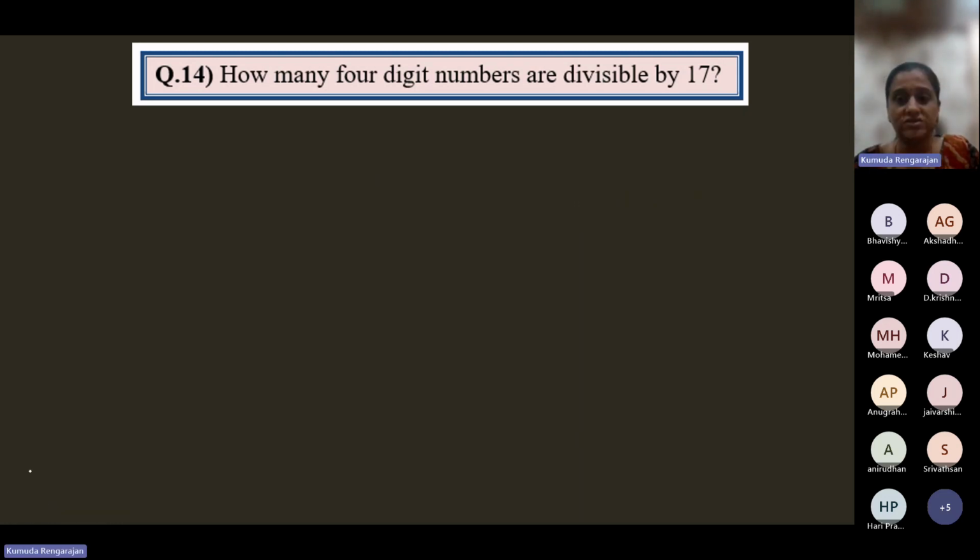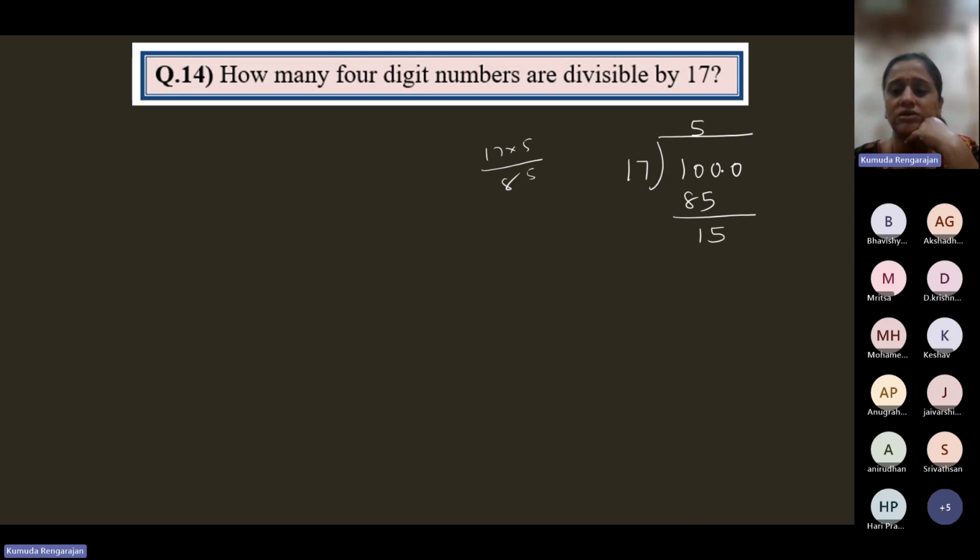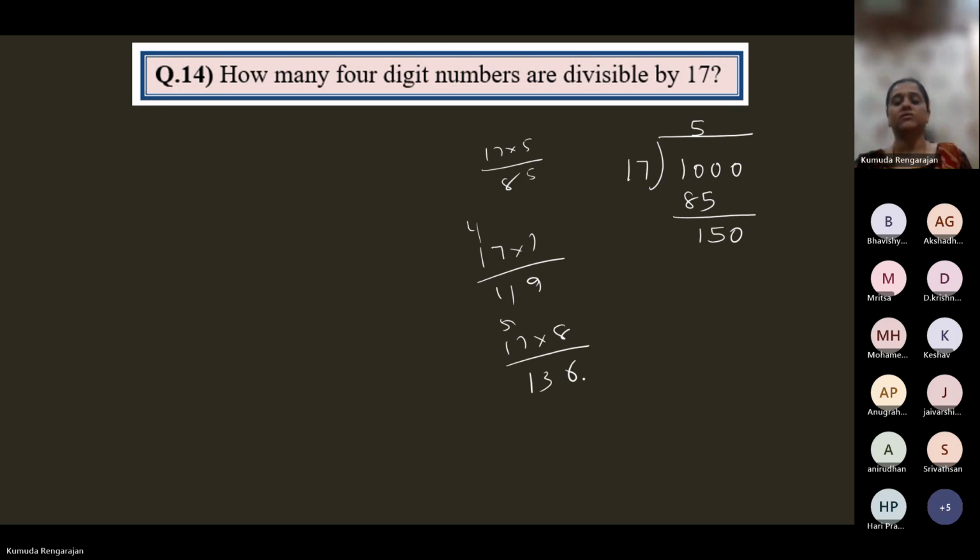So how do we find the first and the last 4-digit number divisible by 17? 1000 is the smallest 4-digit number. Divide by 17. 17 5s are 85, 15 is a remainder. 0 comes down. 17 times 7 is 49, 4 carried over 11. 17 8s are 136. 14 remains. 0 comes down.